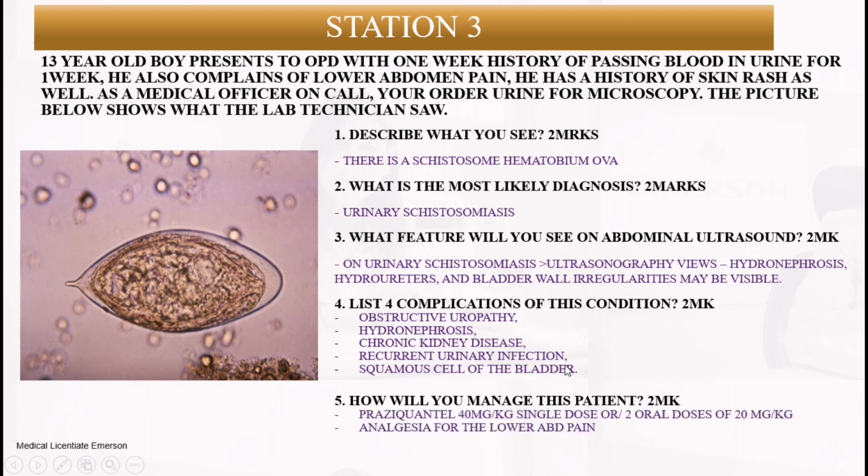Management here, you can give praziquantel 40 milligrams per kg single dose, or you can divide this into 2 oral doses of 20 milligrams per kg. Then of course analgesia for the lower abdominal pain, since we are managing the patient as they have presented. Then we are done with this station. Go to the next one.